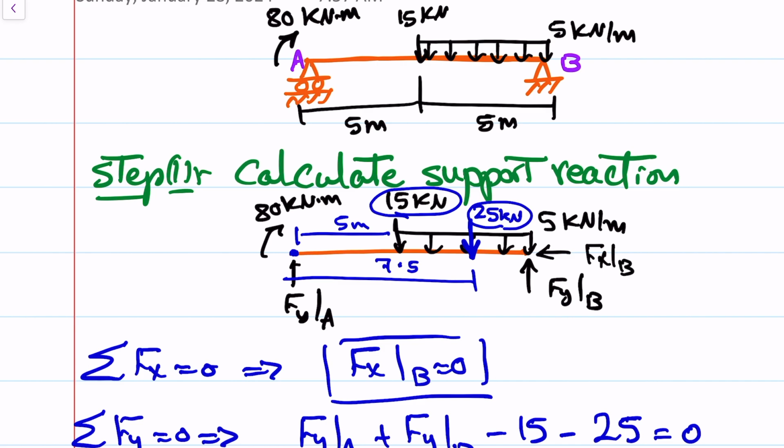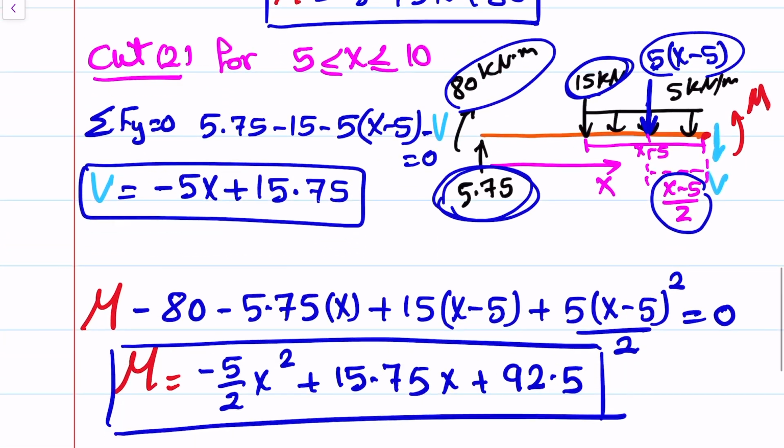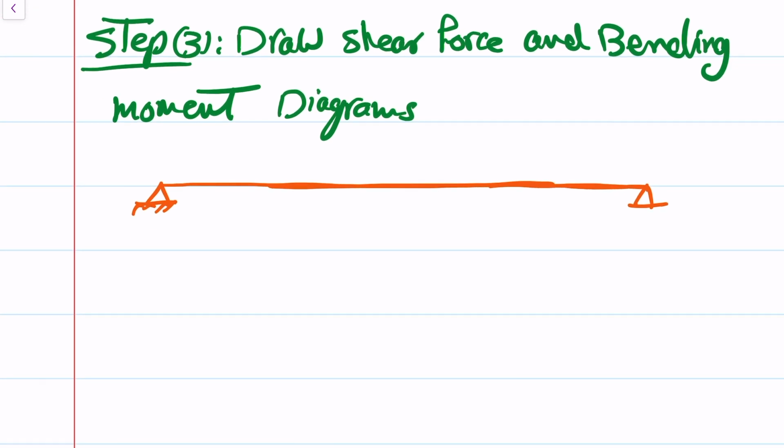Okay, so go back to step 3. So this is a roller support and this is a pin support, and we have the 80 kilonewton meter.